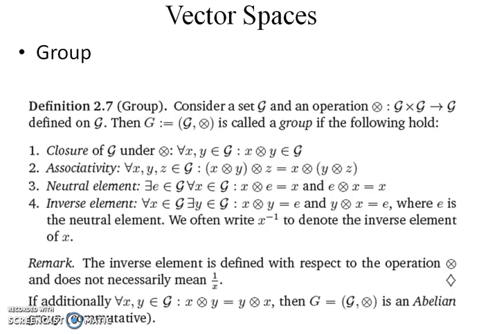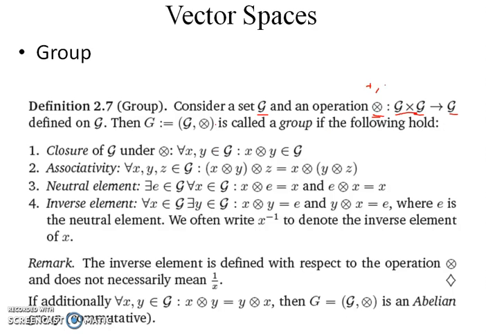Here we are considering a set G and an operation defined over this symbol. The operation can be either addition or multiplication, scalar multiplication or addition. Any operation will be defined like this: an element from set G crossed with an element from the same set results in another element that also belongs to the same set.